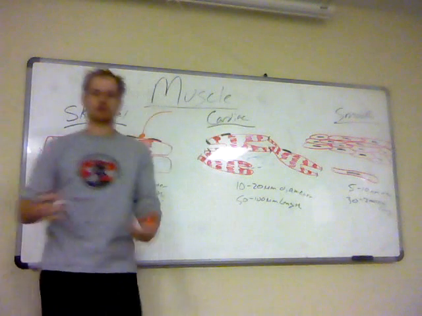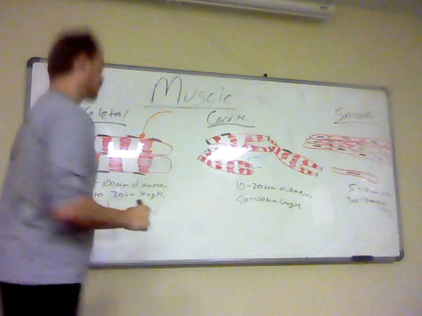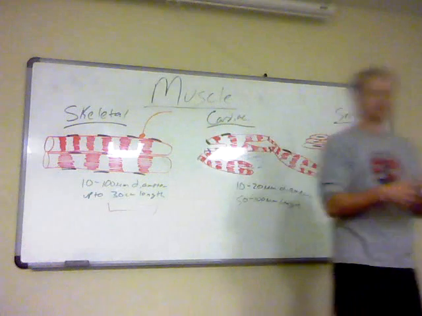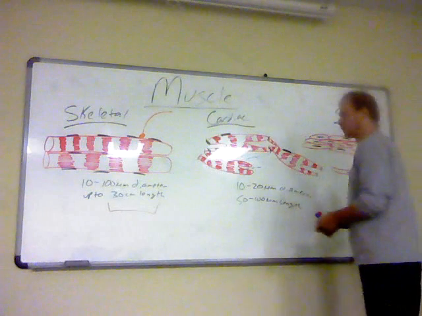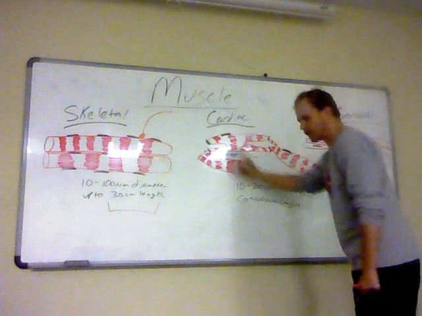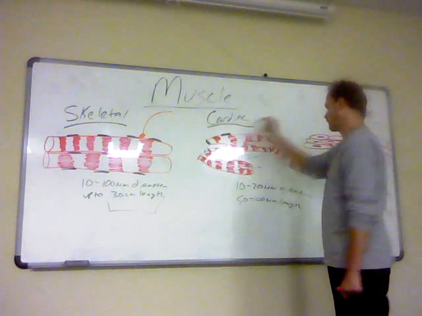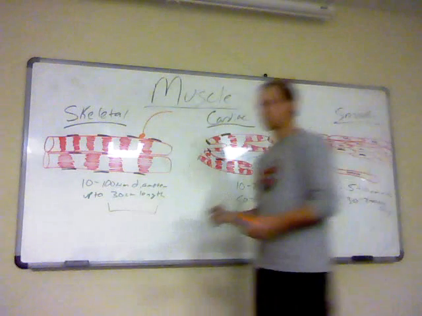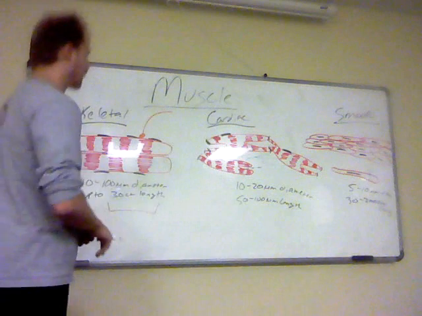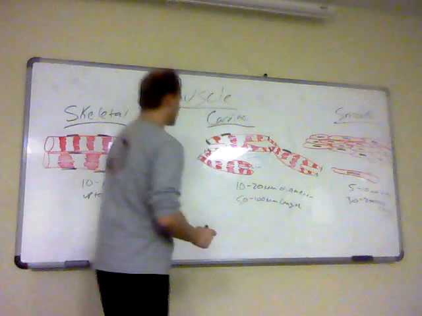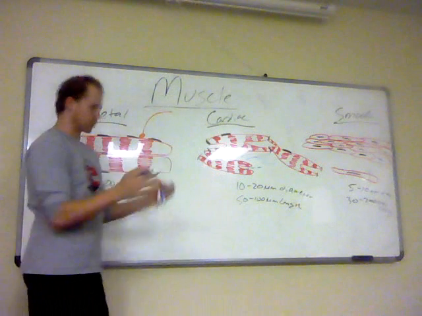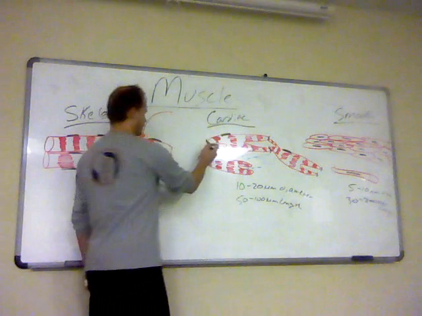These intercalated discs are important because there are anchoring proteins that help hold these cells together during contraction, and there are also ion channels in here that allow for the flow of ions from muscle cell to muscle cell. That's important when we're talking about the conductance of an action potential. We'll talk much more in depth about that later on. But that's how you tell. It's one of the main ways you can identify cardiac muscle: the short, branched nature of it, and the intercalated discs.